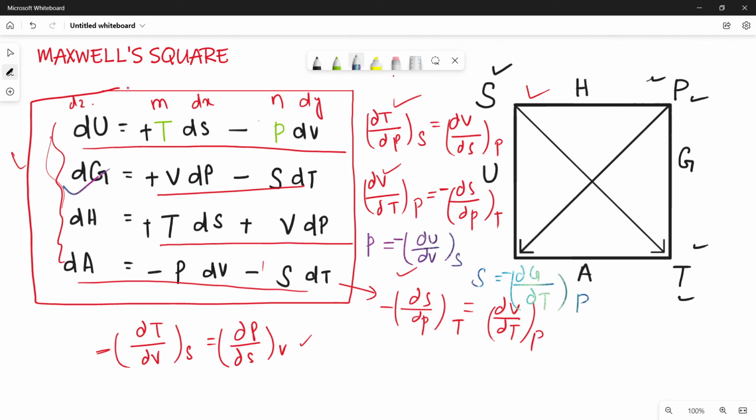Then for V we can write del H by del P at constant S. Correct. So that's how you can find out this P and S. In order to write these equations, you must know these four equations.